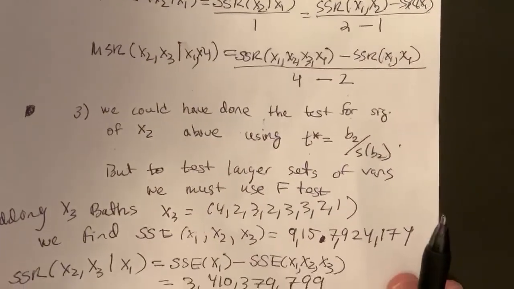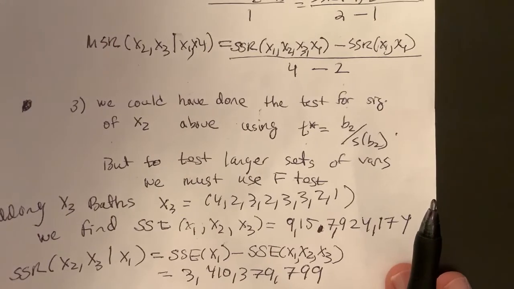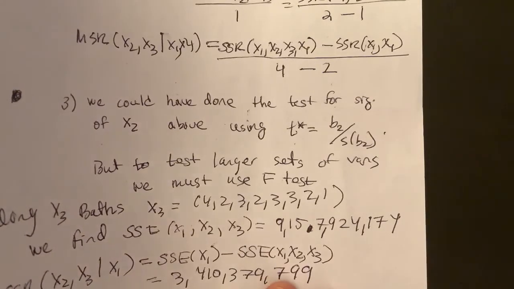Okay, the third note is we could have done the test for significance of x2 using t star too. We could use a t statistic as well to do that, because we do have this t statistic for a single coefficient, but there is no corresponding idea of a t statistic for more than one.